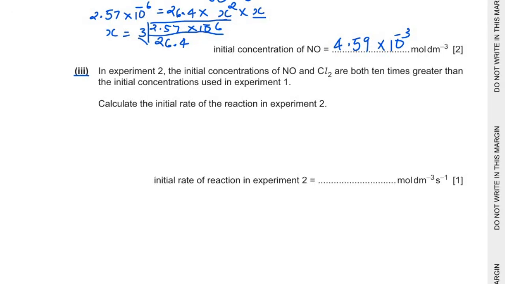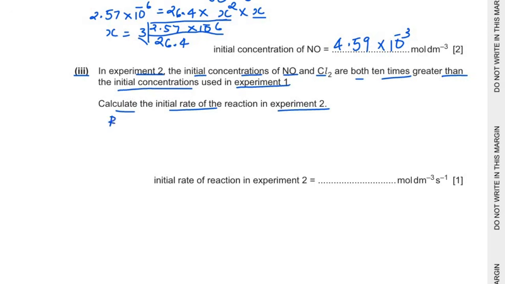Now the third part is in experiment 2. The initial concentrations of nitrogen monoxide and chlorine are both 10 times greater than the initial concentration used in experiment 1. Calculate the initial rate of reaction in experiment 2.